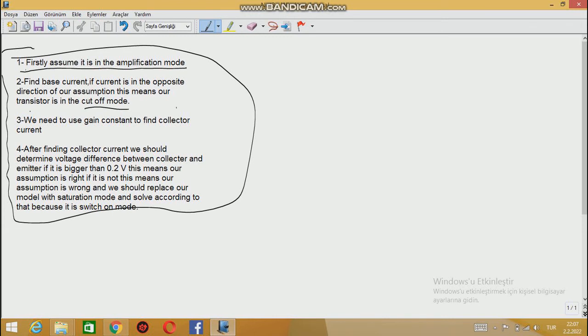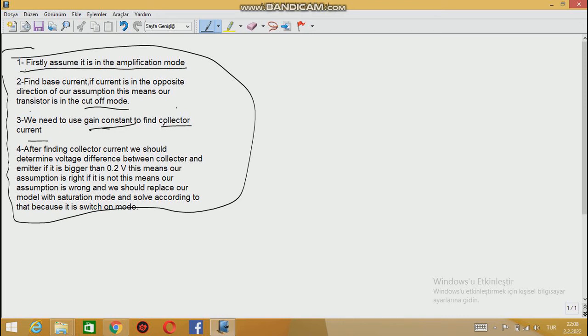But if it is not in the cutoff mode, we need to use the gain constant to find the collector current. I mentioned what this gain constant is in the previous video. We will multiply this gain constant with our base current, and the result will be our collector current. After we find this collector current, we should find the voltage difference between collector and emitter.